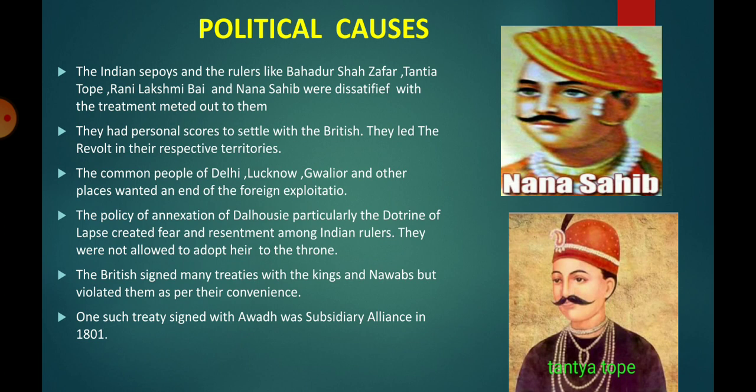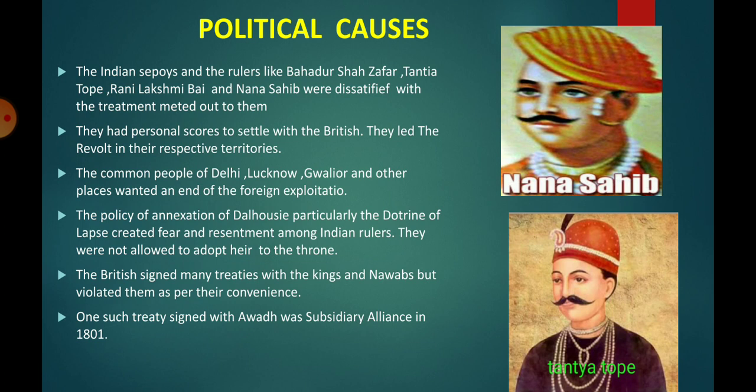Means if any king died without his own son, then after the death of the king, the kingdom automatically went to British hands. This policy was started by Lord Dalhousie. By this policy, many kings who died without a natural heir had their kingdoms taken away by the British.